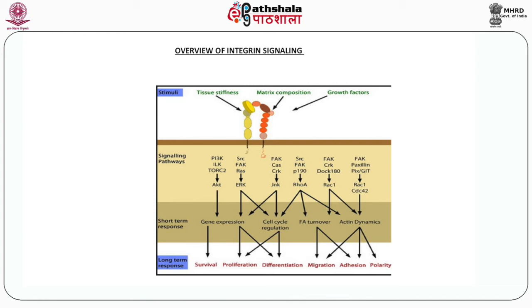Now, one of the first integrin signaling molecules to be identified was focal adhesion kinase, as we discussed earlier, the FAK, which acts as a phosphorylation regulated signaling scaffold and is important for adhesion turnover, Rho family GTPase activation, cell migration, and crosstalk between growth factor signaling and integrins.